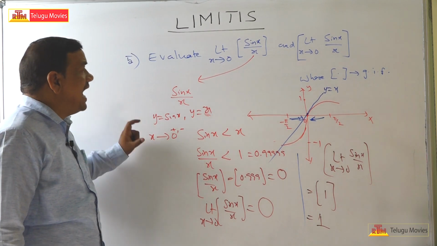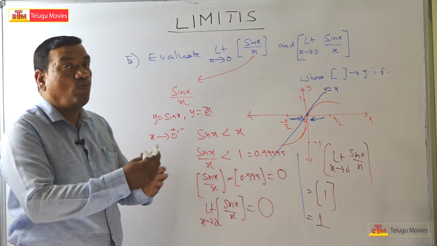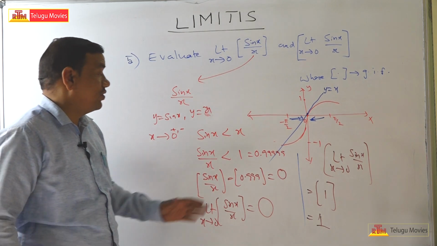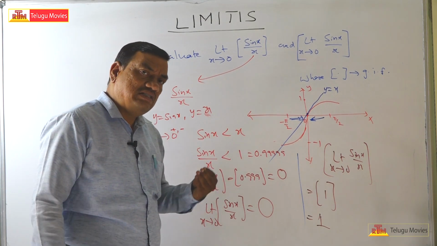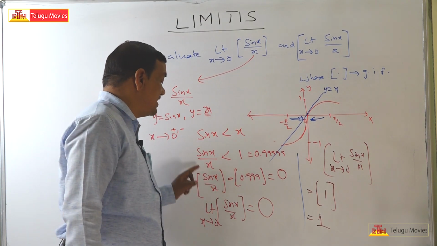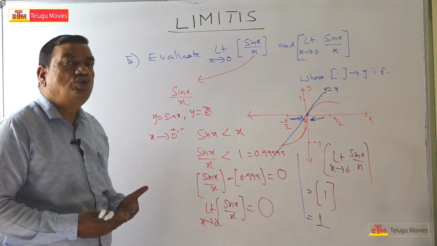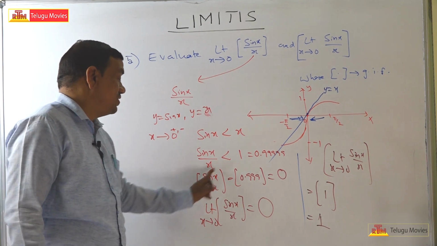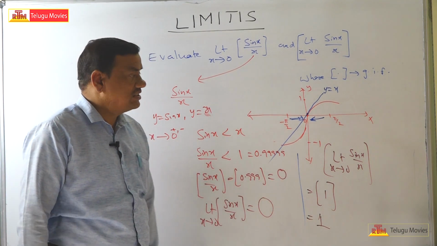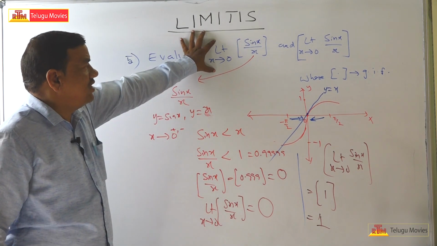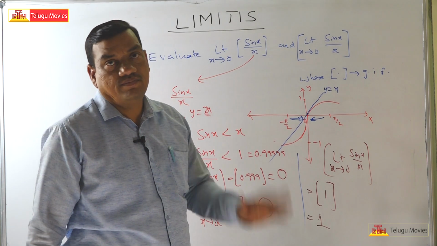That means as x tends to 0, sin x by x approaches 1. Being less than 1, its value is approximately 0.999, therefore the greatest integer function is equal to 0. So dear students, this value is 0 and the other answer is 1. Both are not the same.